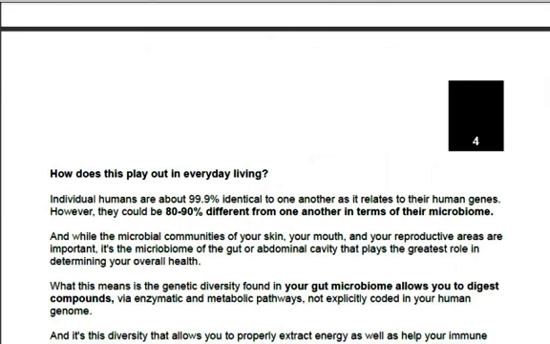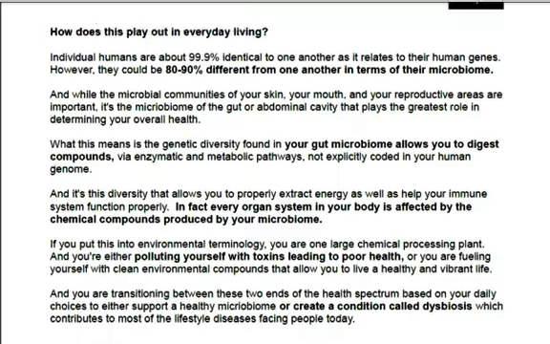They're 99.9% identical to each other, but they could be as much as 80 to 90% different in their microbiome, what's going on with their gut health. And it's that gut health that is either leading them to poor health, or helping them create metabolic components that are going to lead to good health.